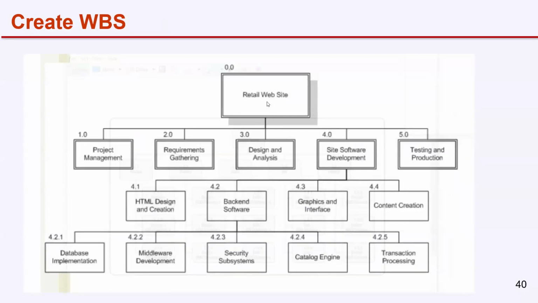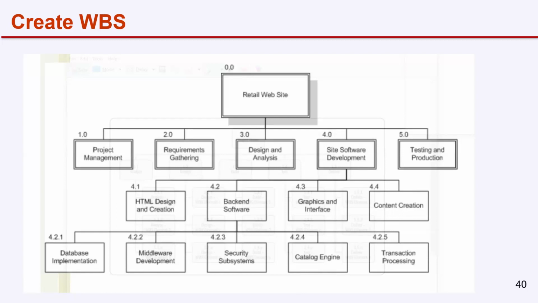I have level 1 as project name, level 2 project management, requirements gathering, etc. And only the fourth item in level 2 I'm decomposing into level 3. Same way you will decompose every item to level 3. And from level 3, only the second item I'm decomposing to level 4, that is my work package. Similarly, other elements also you will decompose to level 4.